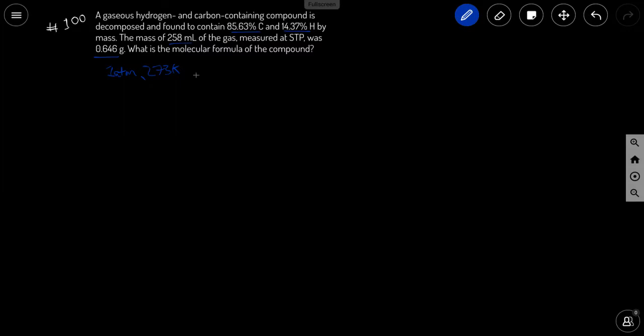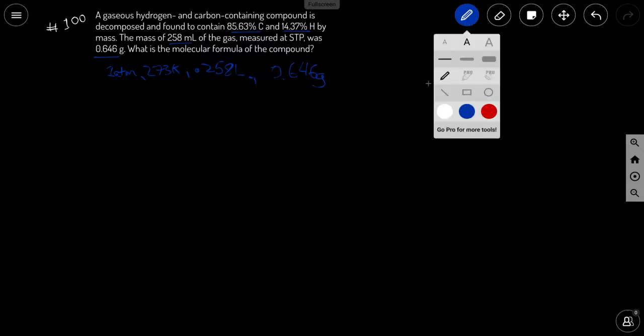And we also have 0.258 liters, because 258 milliliters is equivalent to 0.258 liters. And then we have 0.646 grams. From all the information we've been given, this is going to be a PV equals nRT problem.